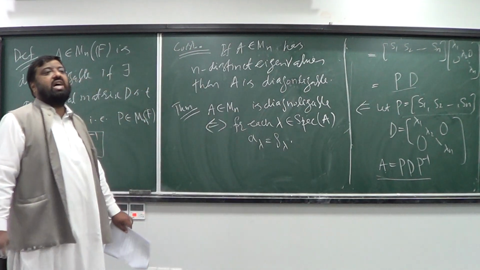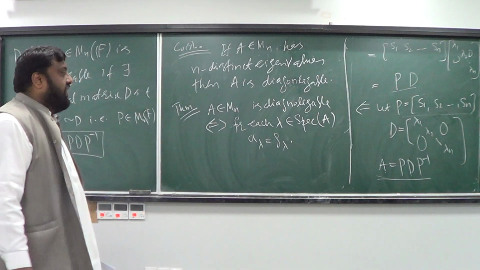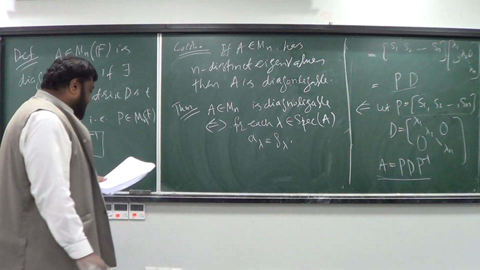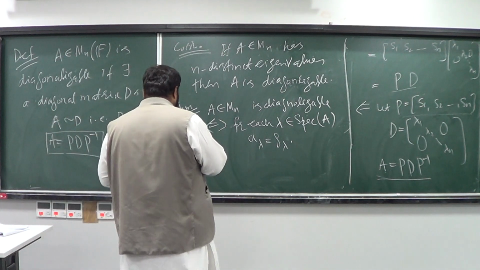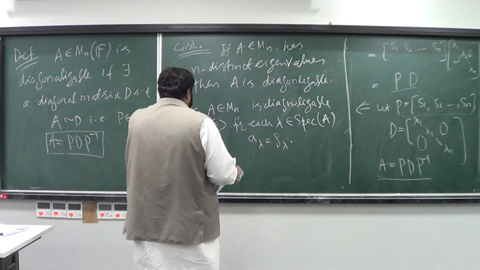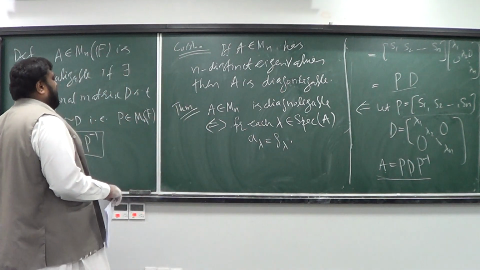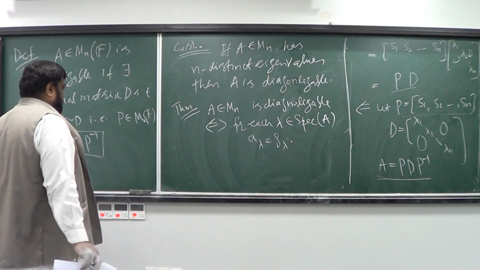So you can only diagonalize a matrix if for every eigenvalue the algebraic multiplicity is equal to the geometric multiplicity.